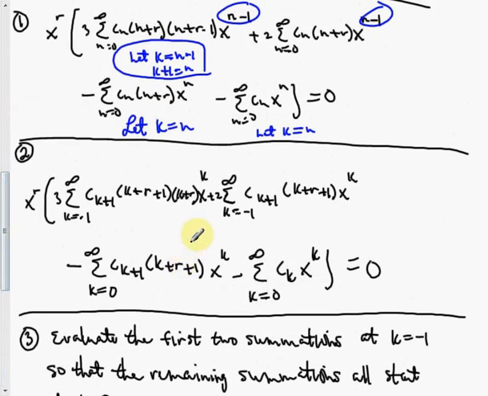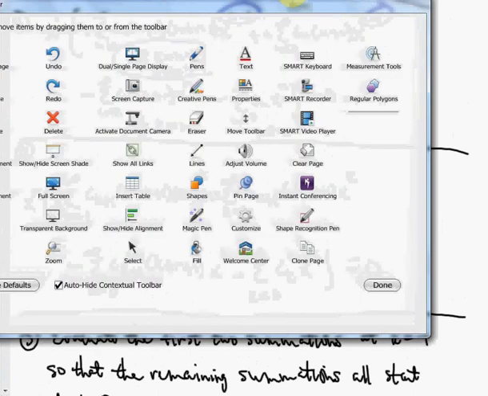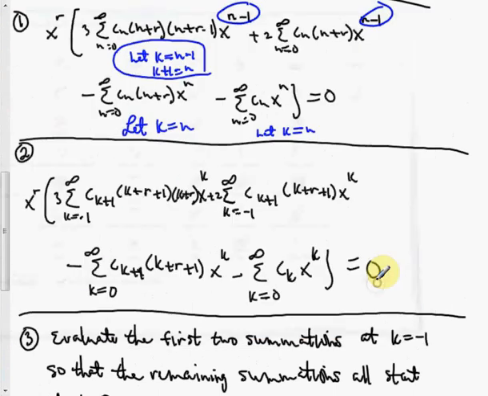Yeah, I think I was going on that. I didn't change everything here. This is let k equal to n. So this is c sub k. C sub k.